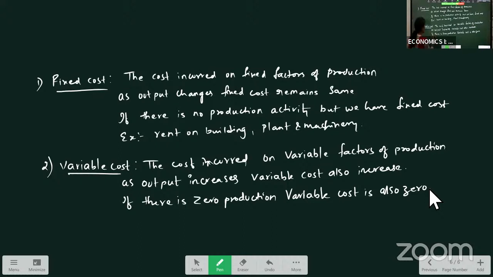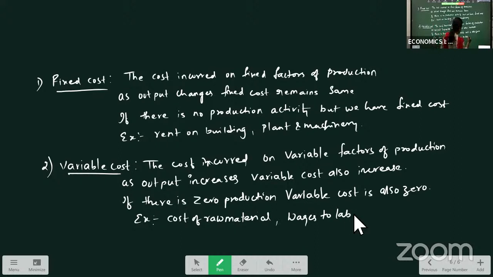Okay. Example, cost of raw material, wages to the labor, electricity charges, all these come under our variable cost. So hope you got the difference between these two. Fixed cost means the cost which is incurred on fixed factors of production. And as output changes, fixed cost remains the same.